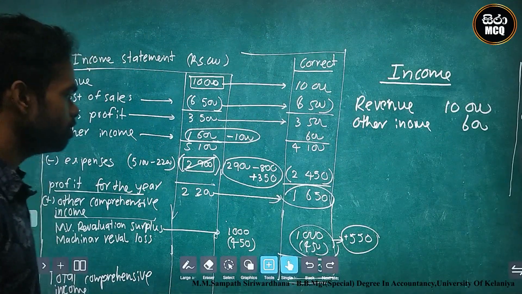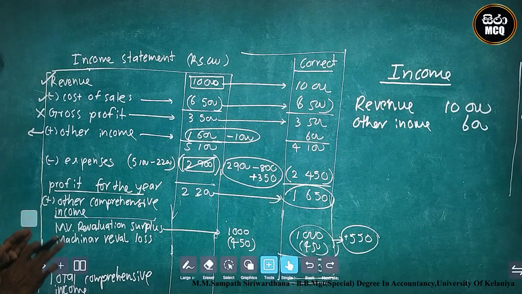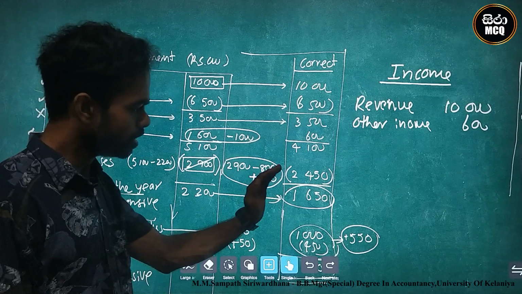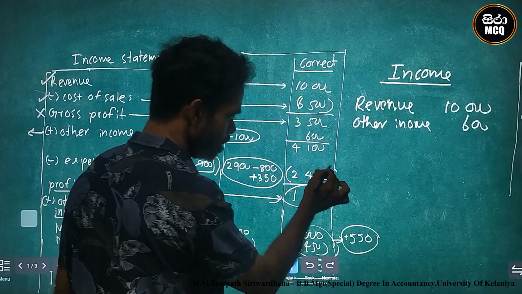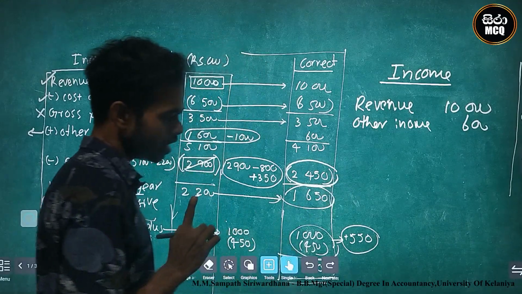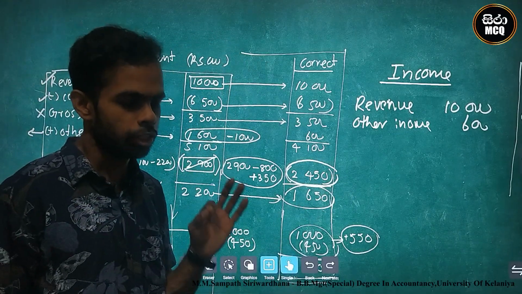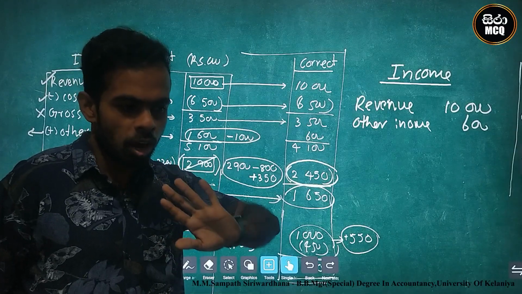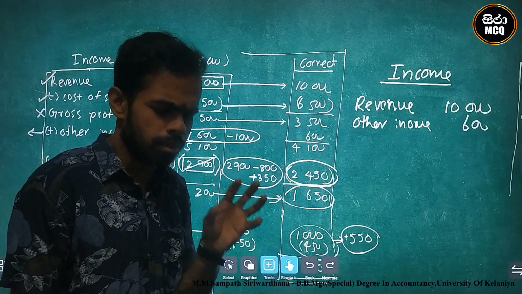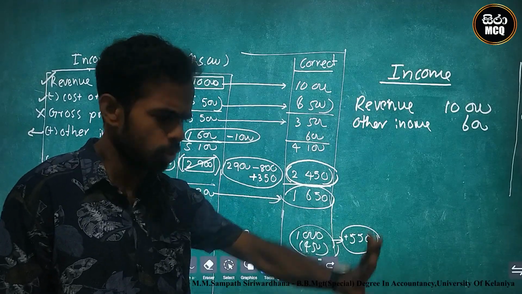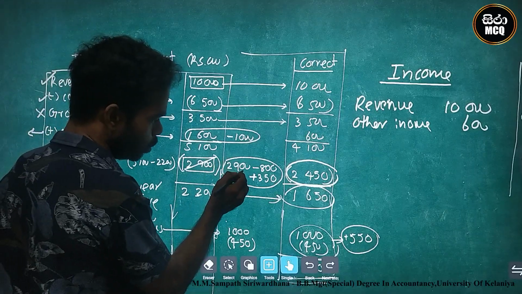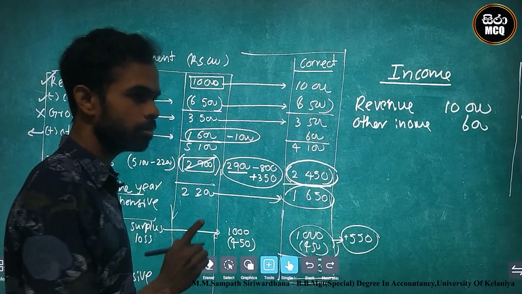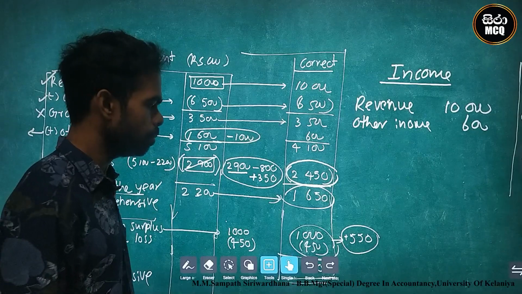Next one is a very crucial one, the expenses identification. There is a revaluation deficit. At the expense identification, we must identify the actual expenses, which means outflows. There is 2,900 in expenses.